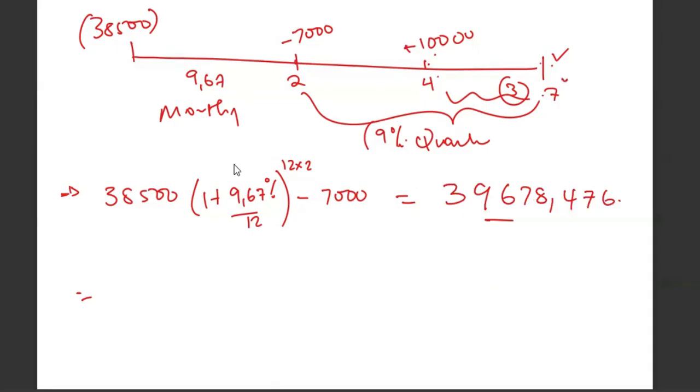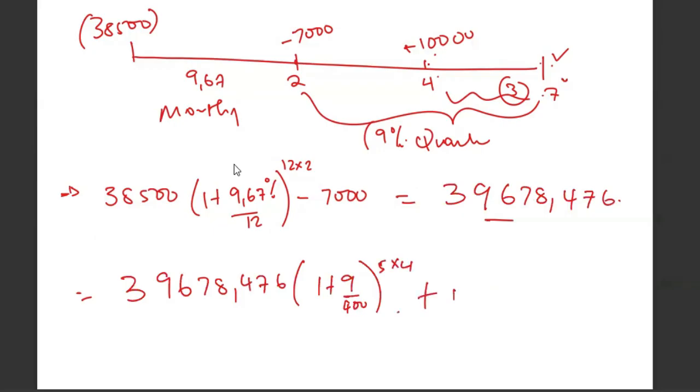So 39,678.476 times 1 plus 9 over 100. No, I'll say 9 over 400 since it's quarterly, to the exponent of 5 times 4. Then plus the 10,000, which is going to grow for 3 years: 1 plus 9 over 400 to the exponent of 3 times 4.